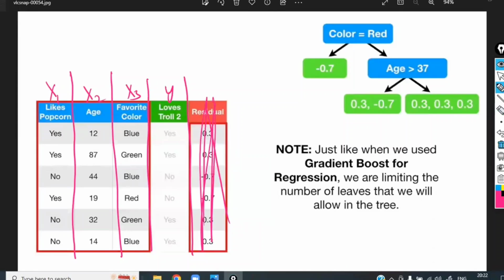X1, x2 and x2, x3 and y. Only write only those three. Four columns and 6 records.